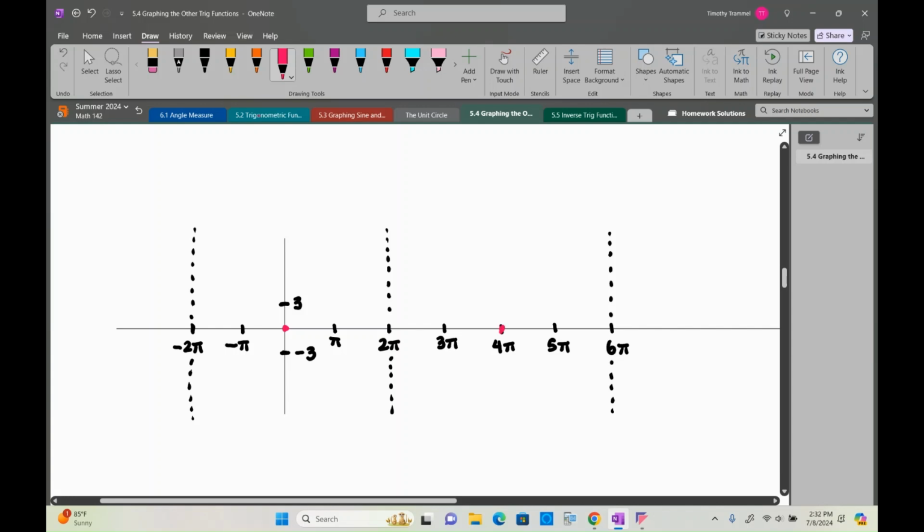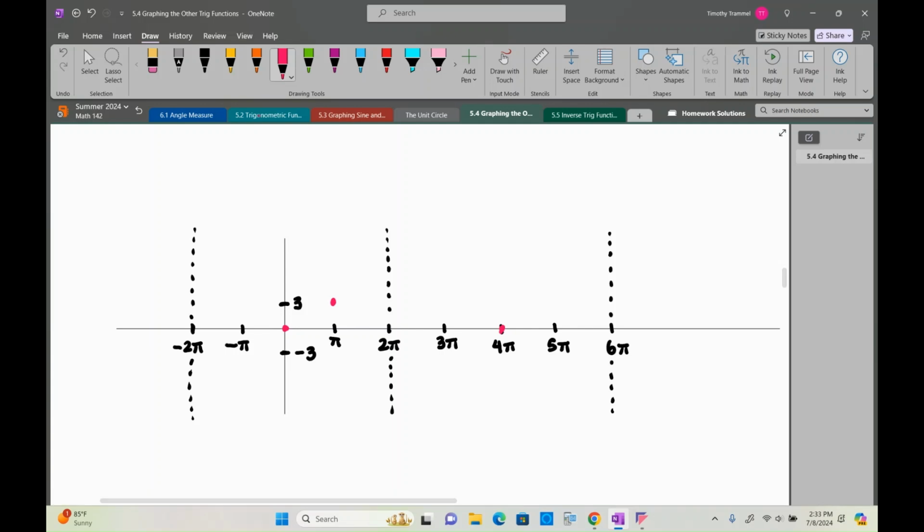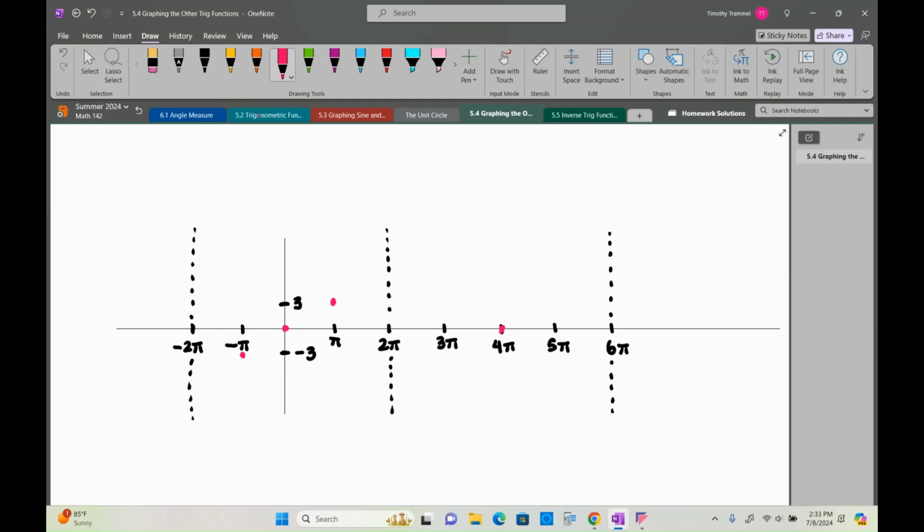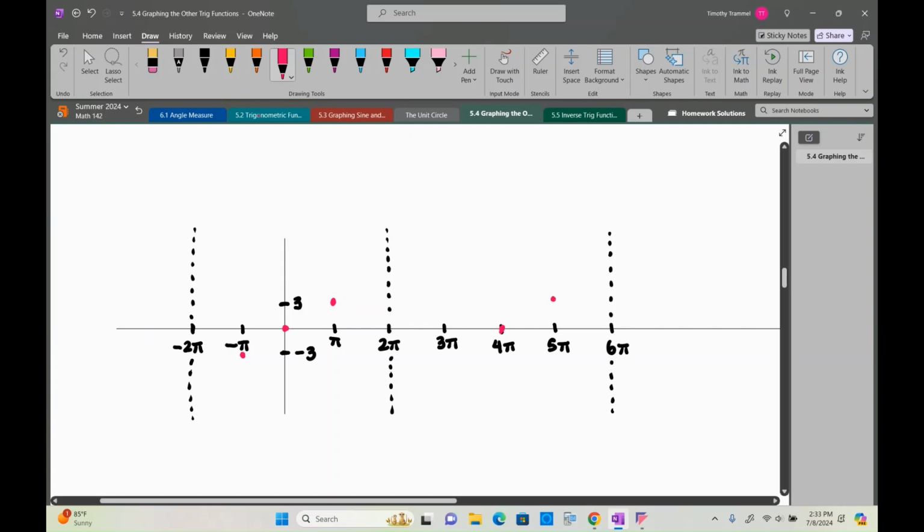And then if you go 1 unit to the right of the middle, tangent goes upward. And rather than going to 1 at this quarter point, it goes to 3 because we had that vertical stretch by a factor of 3. And instead of going down to -1 here, it's going to go down to -3. And we're just going to do the same exact thing over here at 5 pi and 3 pi.